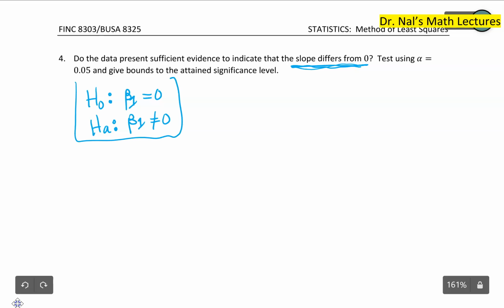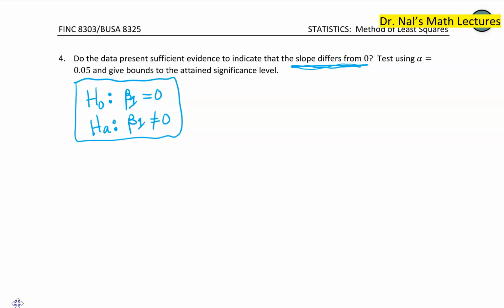Because beta 1 we calculated as 0.7, so we feel like it is significantly different than 0. Now all we need is the test statistic and the rejection region, and once we have those values, we can directly check if we can reject the null hypothesis, and that the slope parameter beta 1 is significantly different than 0.